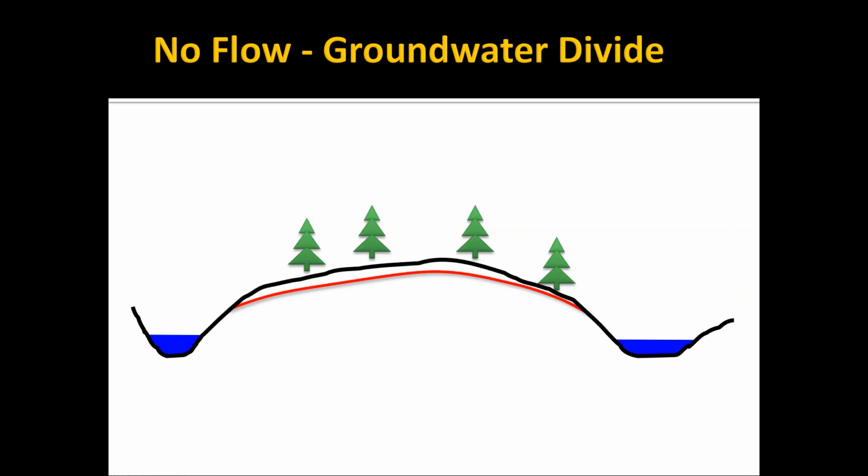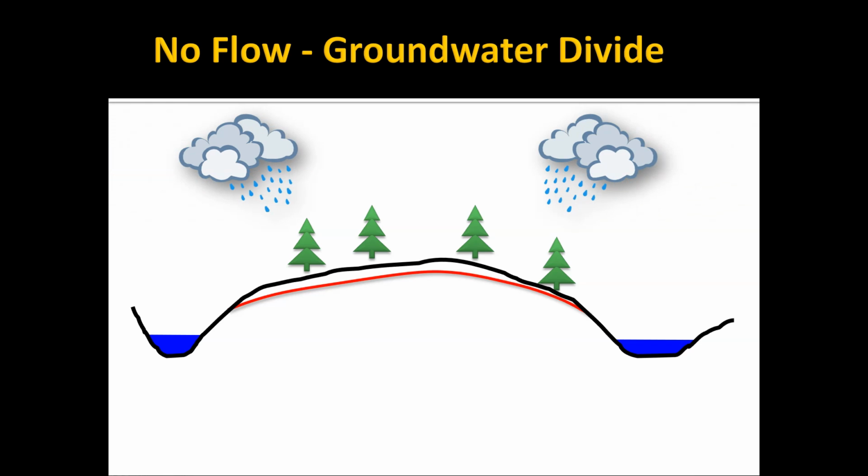Another one, which we've talked about a little bit, but I want to make sure you clearly understand, is a groundwater divide. So let's suppose that we have this hypothetical site here. This is a cross-section through the site. We have rainfall, which causes recharge, that causes the groundwater table to mound. It drains to the left and the right to these rivers or lakes or whatever these are.